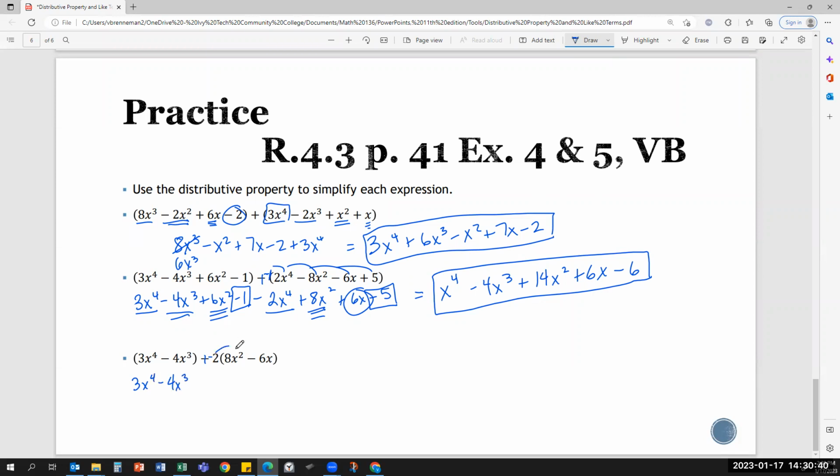Then the -2 gets distributed, so that becomes minus 16x squared plus 12x. And there aren't any like terms to combine here. So that's the final answer there. So that's distributive property and like terms.